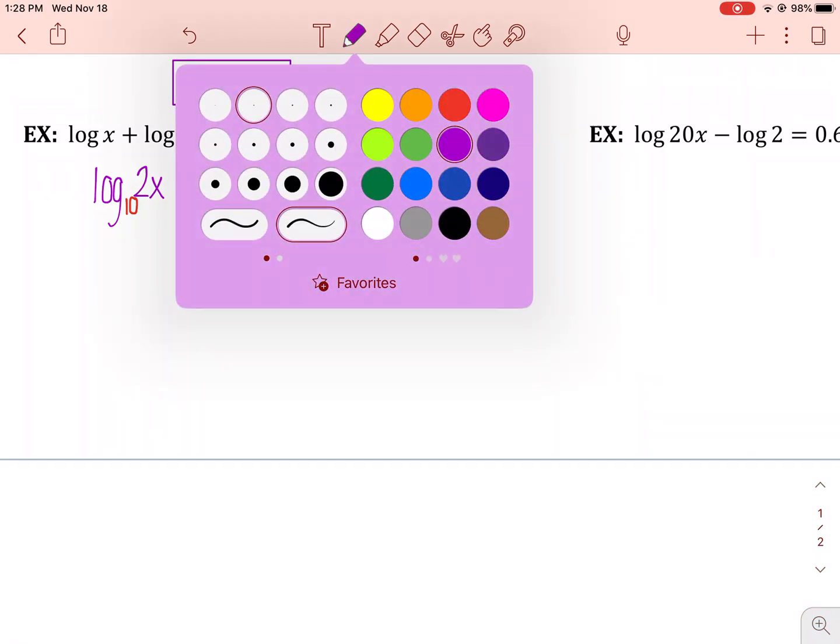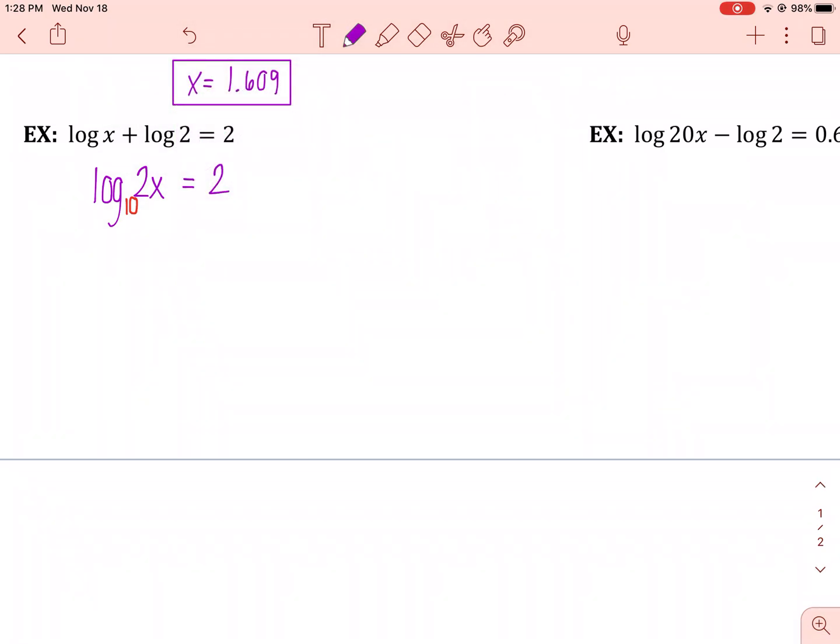If I put it into exponential form, you'll take 10, your base, raised to the 2, equals my argument, 2x. That's just changing log to exponential. Well, I can solve this now. I want x. All I need to do is divide by 2. X is 50.